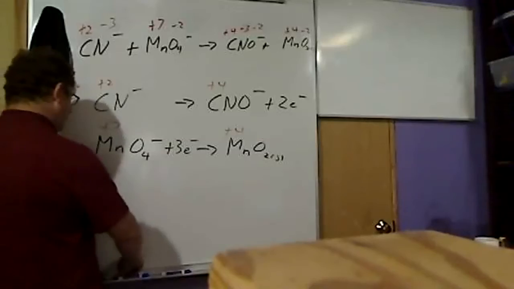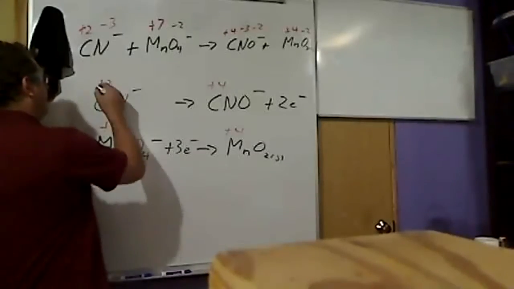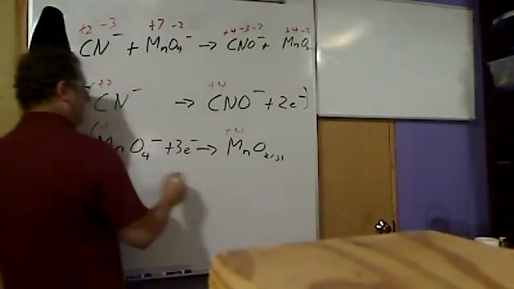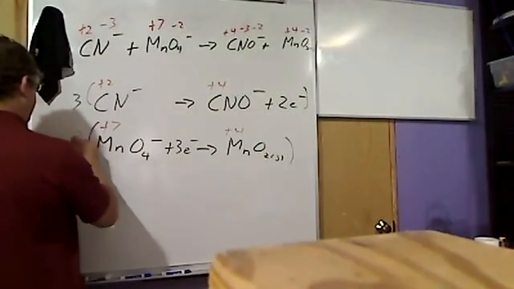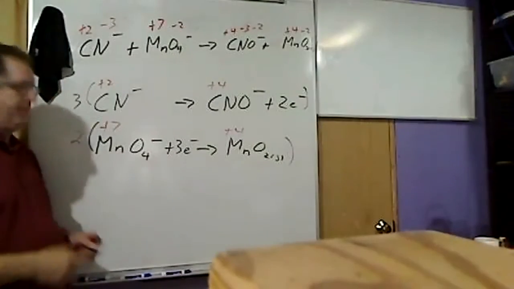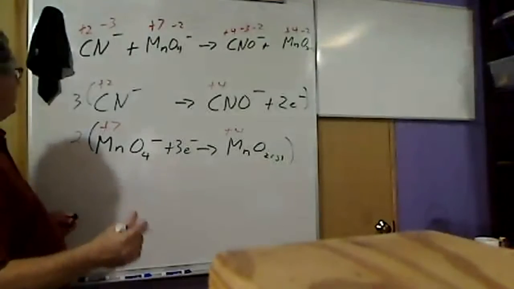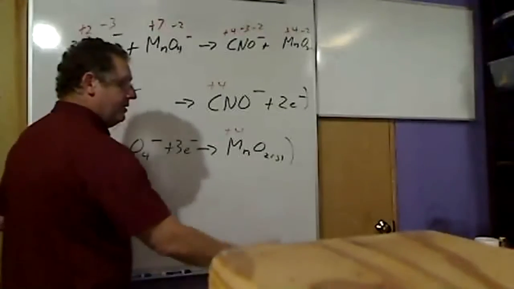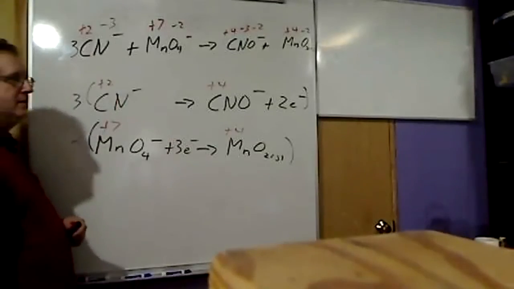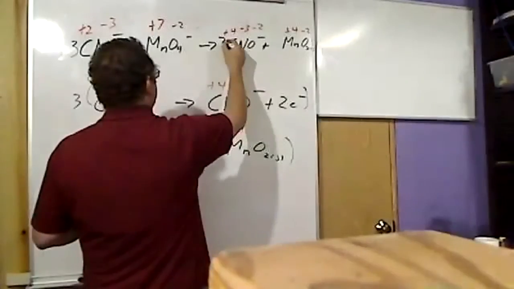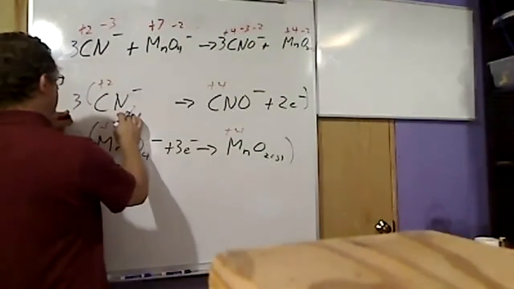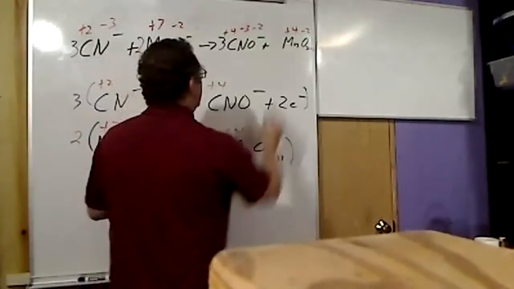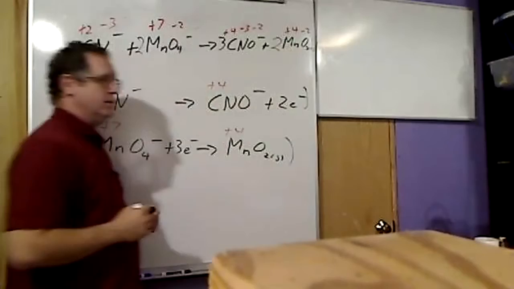So in order to do this, I am going to multiply this entire reaction by 3, this entire reaction by 2, okay? Carrying my coefficients up here, 3 CN minus, and 3 CNO minus, 2 MnO4 minus, and 2 MnO2.